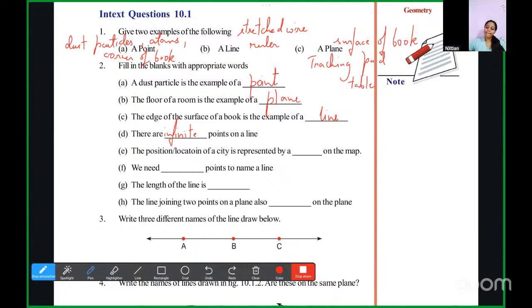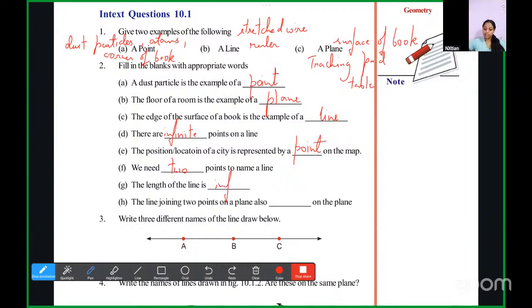Point. Yes. We need dash points to name a line. 2. Yes. The length of the line is dash. The distance between 2 points.